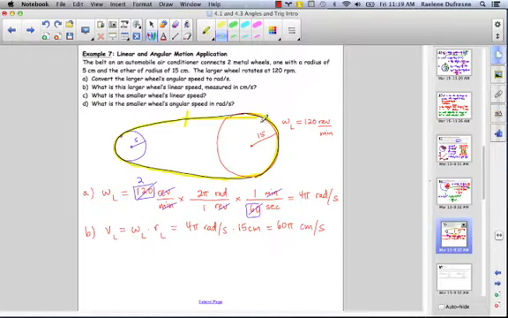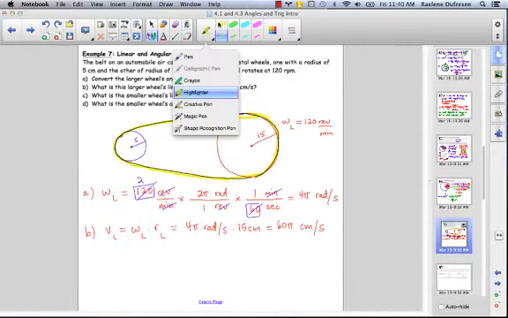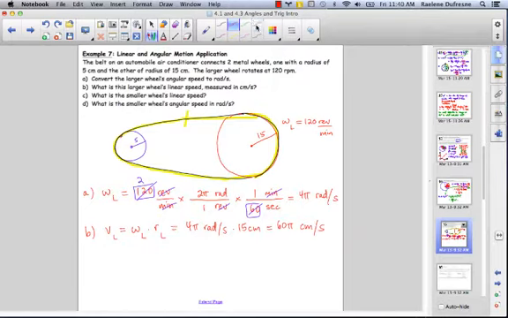Again, reminding ourselves of the case with the ladybug and the gum, they were on the same wheel with different radius, and being on the same wheel meant that the gum and the ladybug had the same angular speed. So in part C, we want the smaller wheel's linear speed. It's not going to be omega for the small wheel, we want the linear speed.